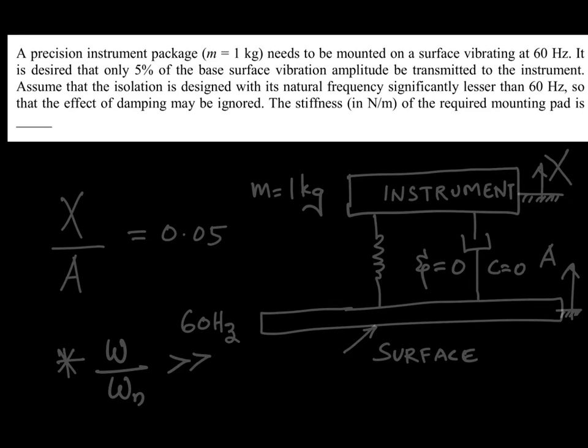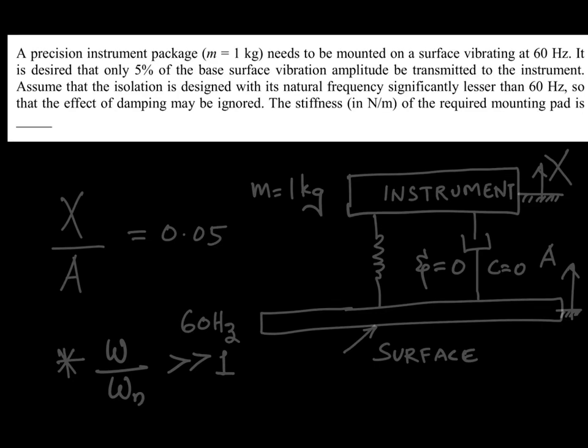This value, omega over omega n, should be greater than 1 or much greater than 1. See, these are all the things which I could gather out of the problem after reading it very carefully. So once again I tell you to read the problem very clearly so that it will help you a lot further down the line to solve the problem correctly and efficiently.